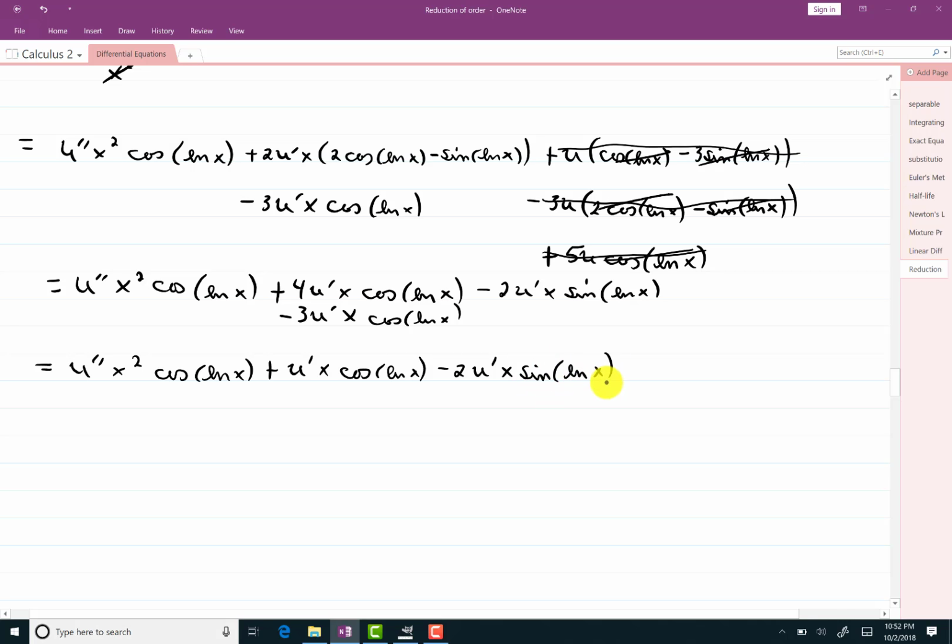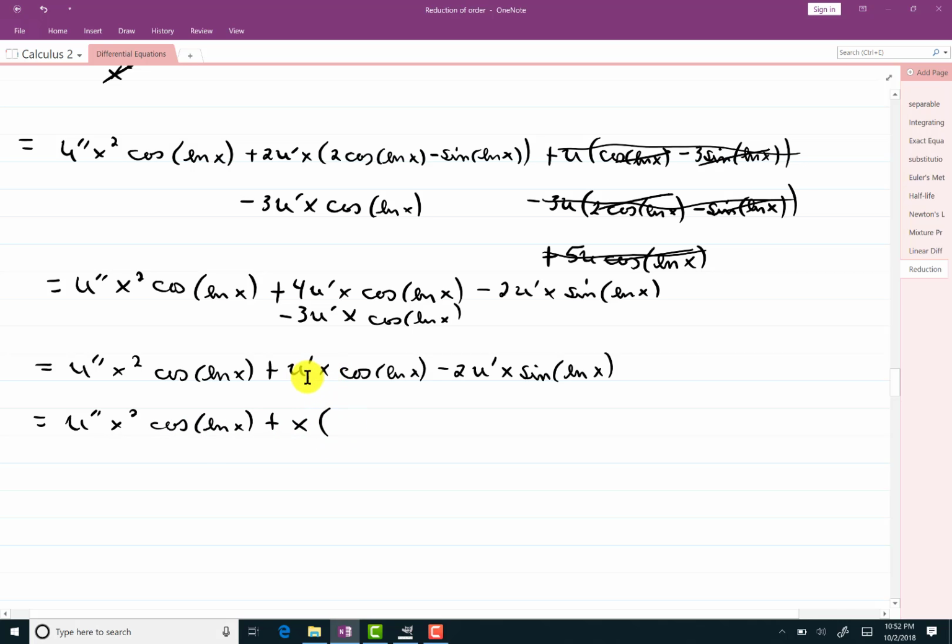And then one last thing I'm going to do is factor out the u prime. I think I'll take out an x also, but I'll take out the x in front of it all.